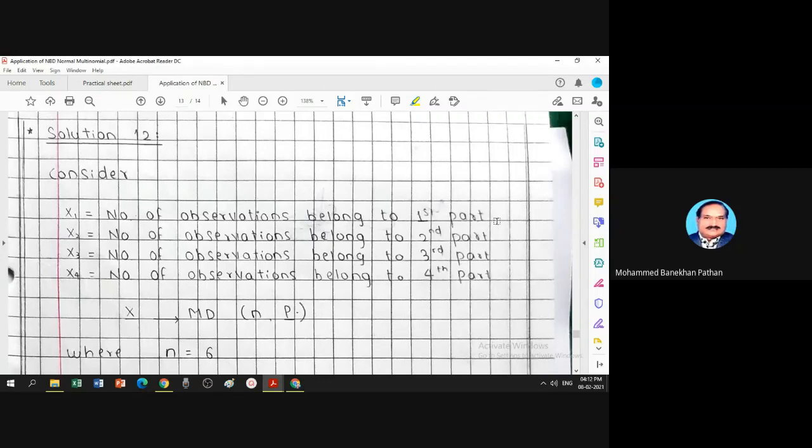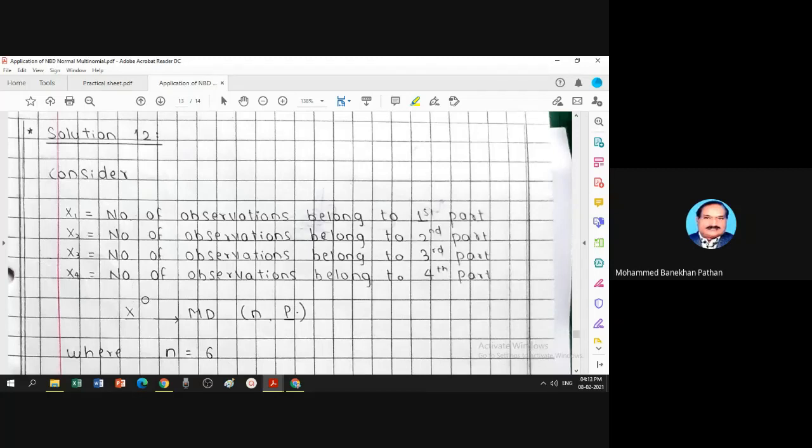So I say 0 to 0.25 is part 1, 0.25 to 0.5 is part 2, 0.5 to 0.75 is part 3, and 0.75 to 1 is the last part of the range 0 to 1. I divide the range of the random variable in 4 parts.